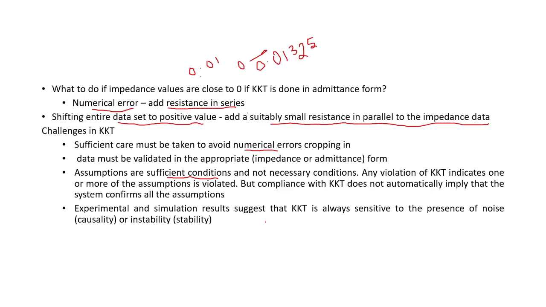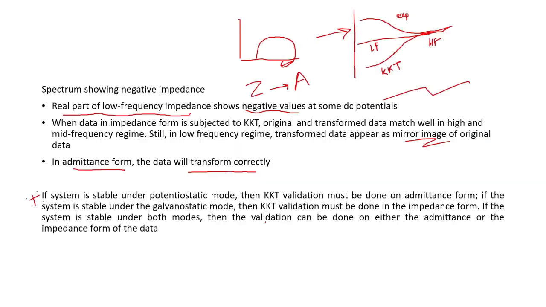One doubt in the parallel resistance. Actually, madam, whatever the negative value, it is experimental data. Negative real part value, it is experimental data. Sorry, your voice is breaking. Hello? Yeah, tell me.